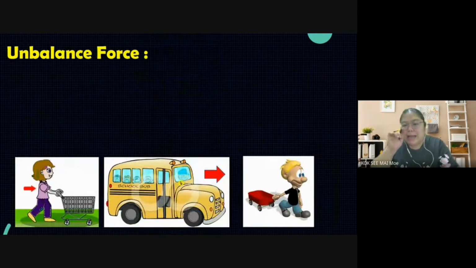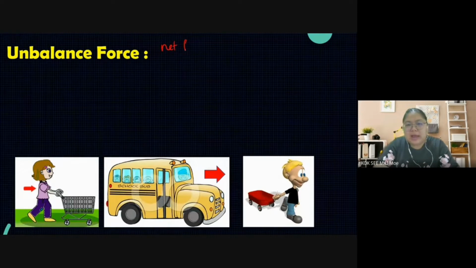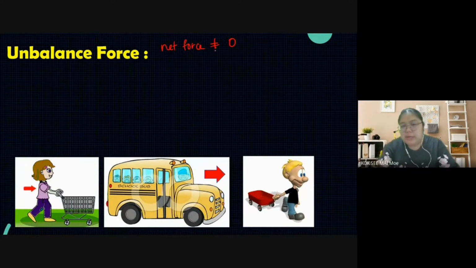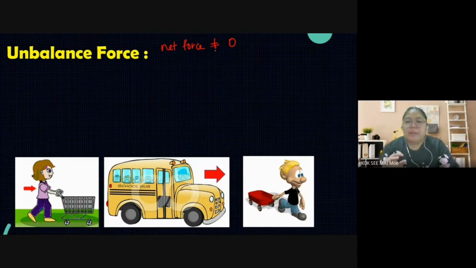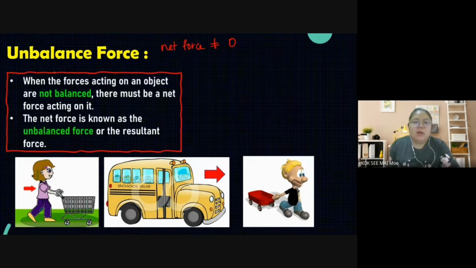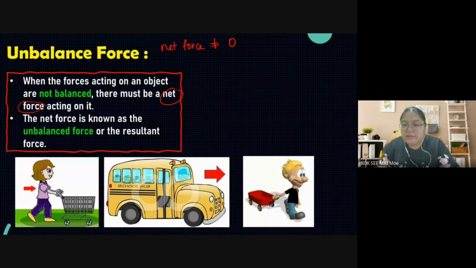Okay, now you see unbalanced. If I say unbalanced, the net force is no more zero. The net force cannot become zero already. The net force surely has a value, then the object must move. When the forces acting on the object are not balanced, there must be a net force.